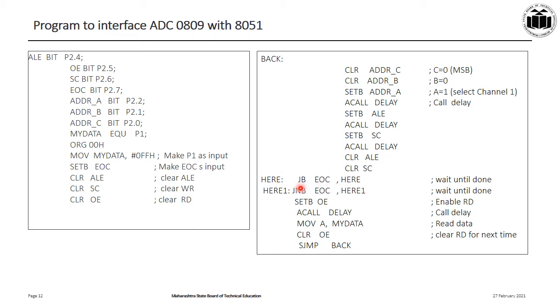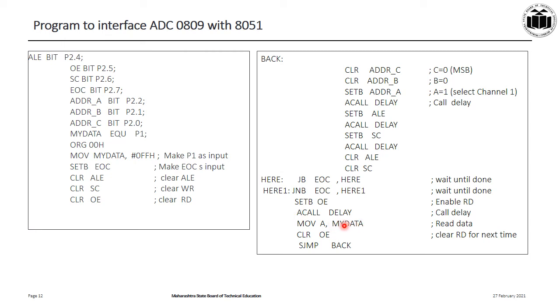Now we will keep monitoring the EOC till the conversion is done. So once EOC is low, it was set here. Now when EOC becomes low, that means conversion is over. Then OE is set to fetch the data from chip to microcontroller.